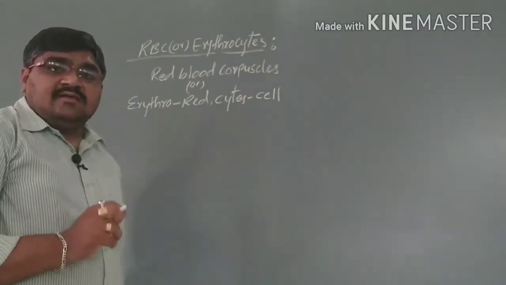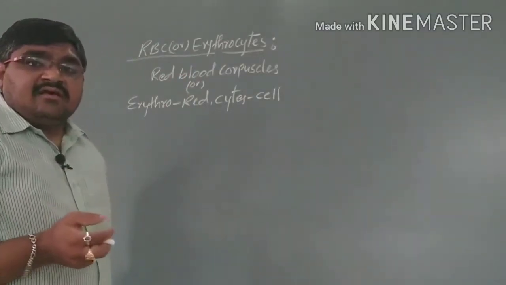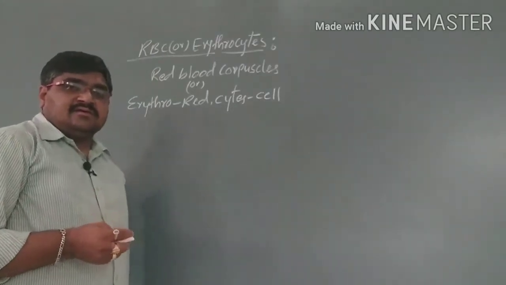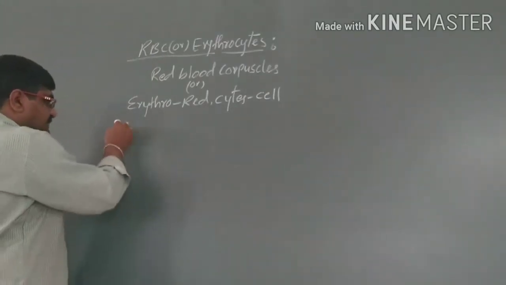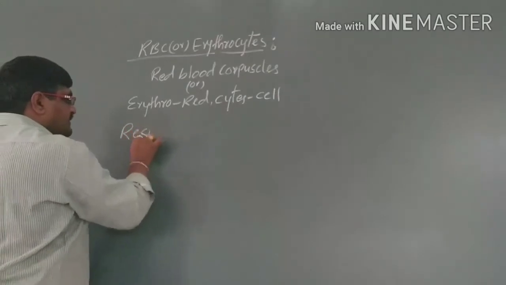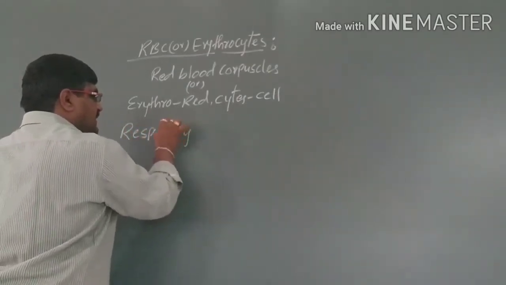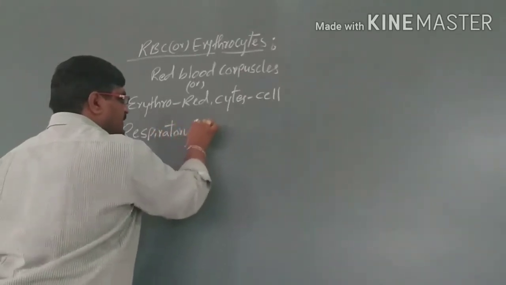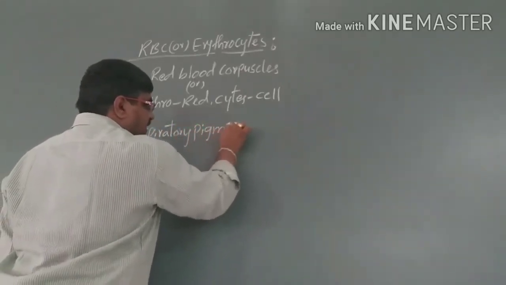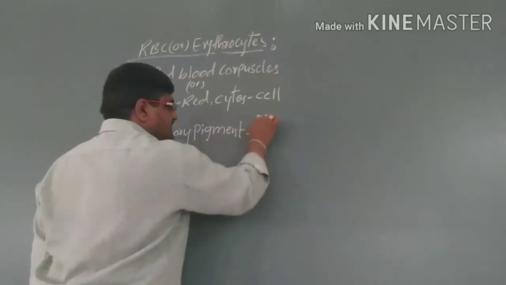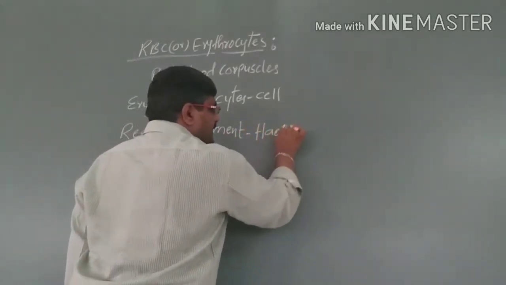Why are these red blood cells red in color? Because they contain the respiratory pigment, hemoglobin.